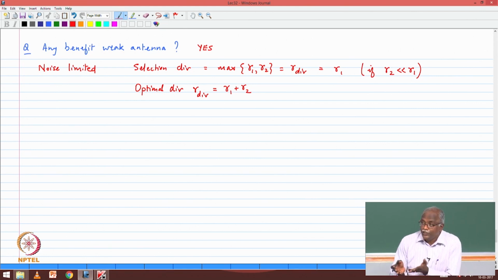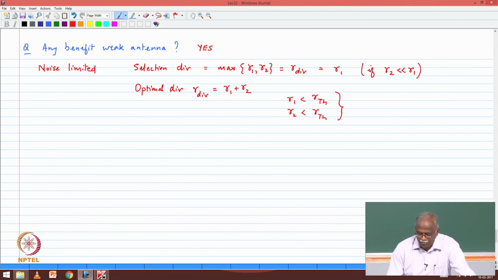Now, this has a huge implication, because let us consider the scenario that gamma 1 was less than gamma threshold and gamma 2 less than gamma threshold. What would selection diversity have told you? You have no hope, right? Both antennas are out, you are in a fade. Selection diversity says you are in a fade, no chance, nothing to do.